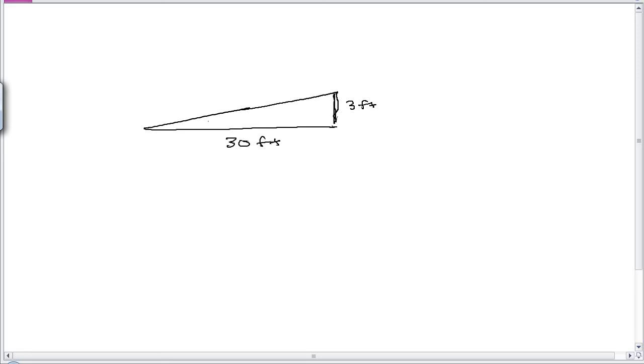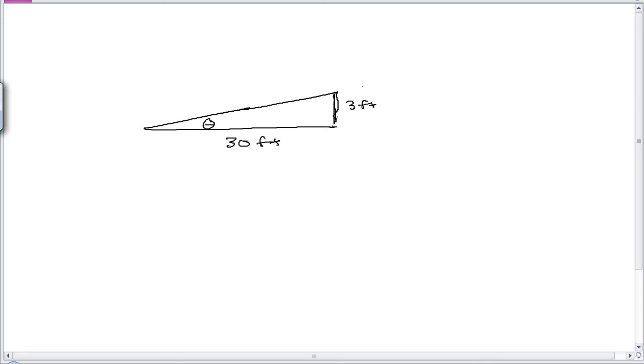And so how steep would this ramp have to be? We know from prior discussions that in new construction, especially a building for business, they would not want this to be more than a 1:12 ratio, and this is a 1:10. So this is going to be steeper than we want.